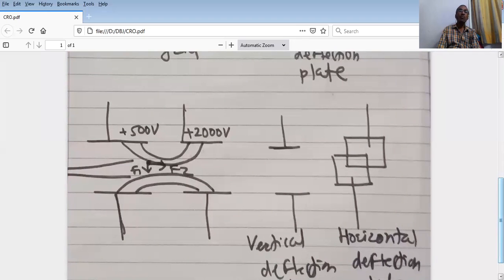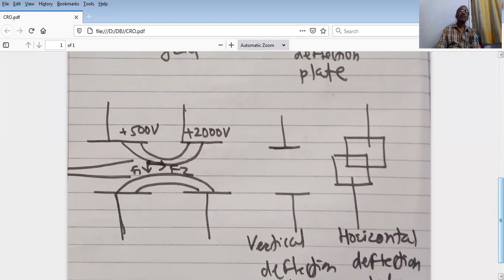Thus, an accelerated and focused beam of electron can be obtained by using this electrostatic field, which is generated by the difference in voltage between two electrodes.